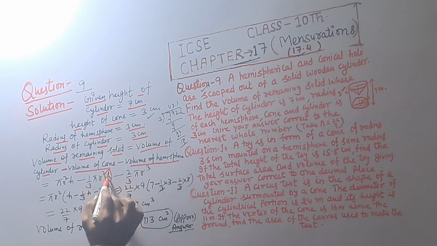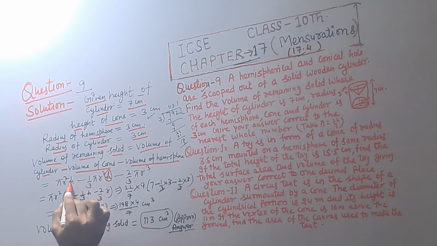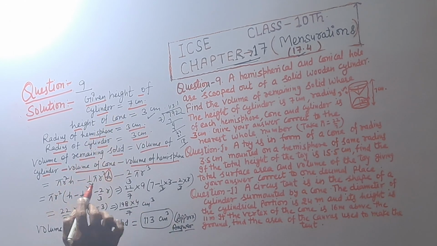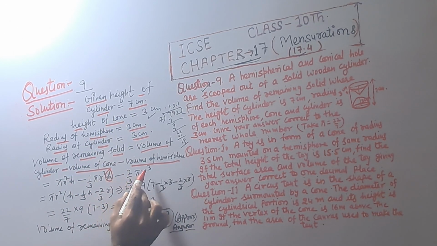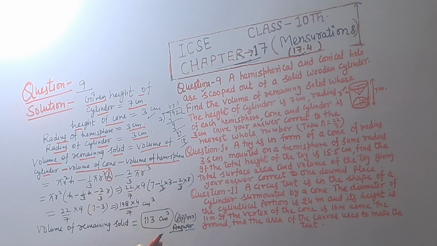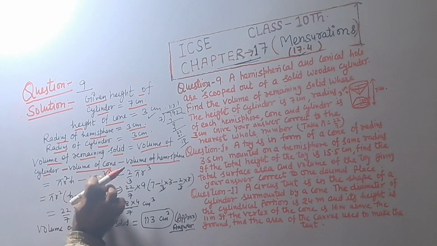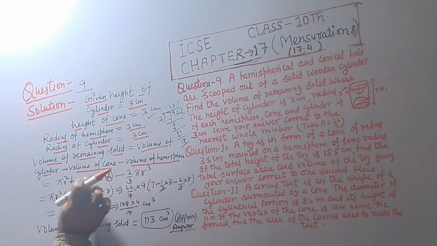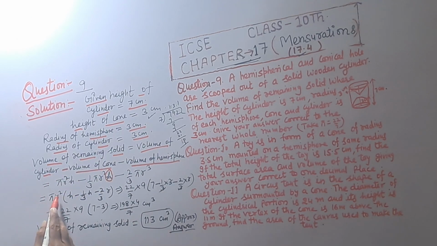Height of cone is 3 and height of cylinder is 7 minus 2 upon 3 pi r cube, the volume of hemisphere. We are taking common pi r square.